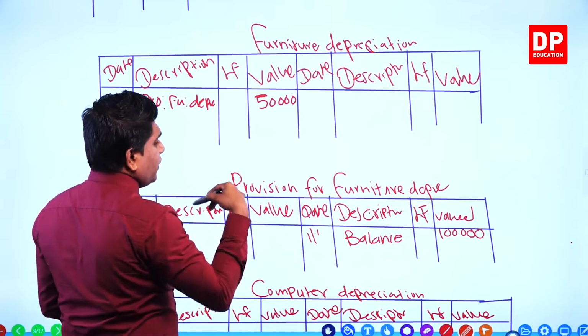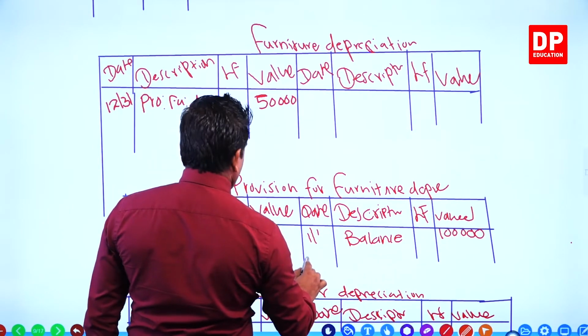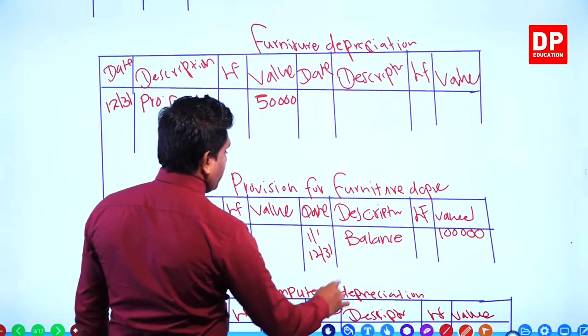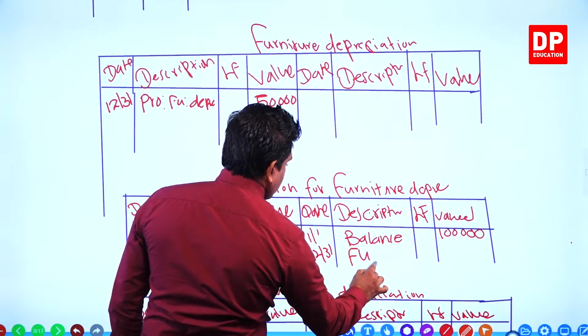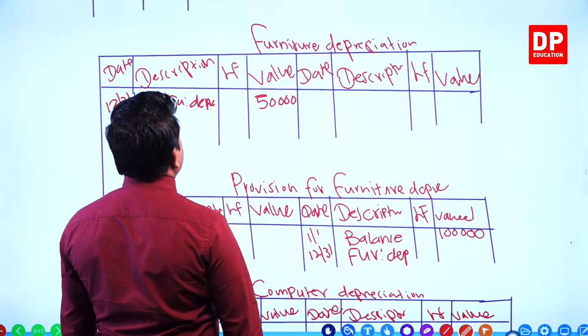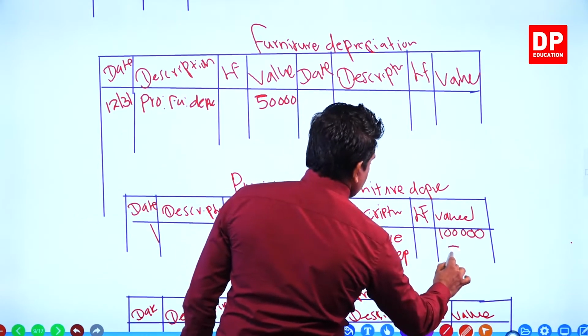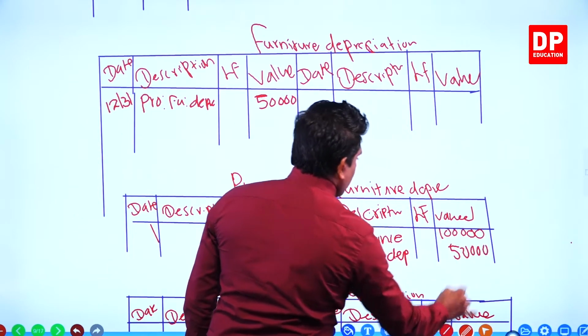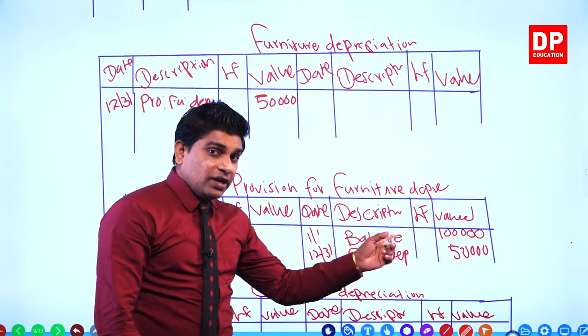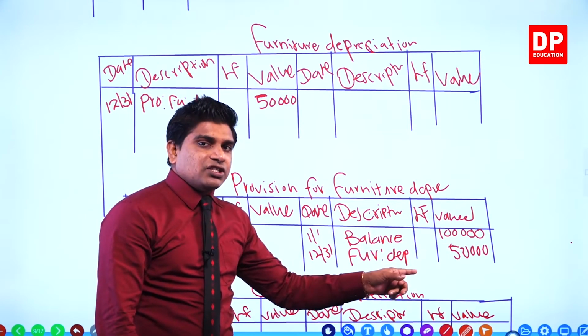Now, in the furniture depreciation account, you write 12/31, furniture depreciation, 50,000. Yeah. Now you can see the final balance of the provision for furniture depreciation account.